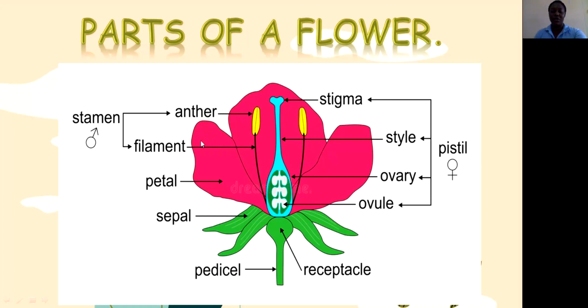For reproduction to take place, there should be a male and there should be a female. So here, we have anther and filament. Anther and filament, these are the two male parts of a flower.